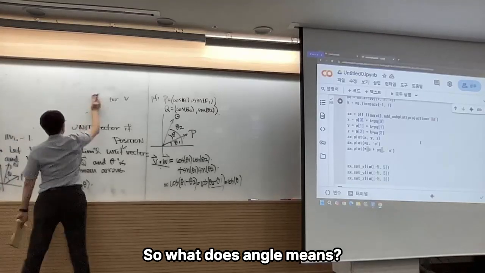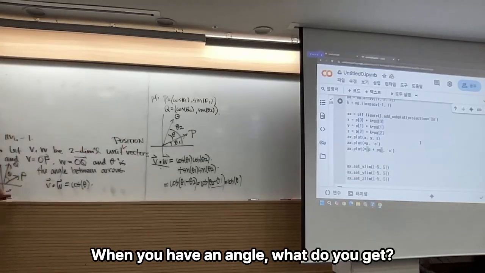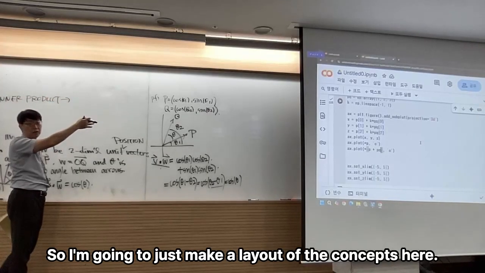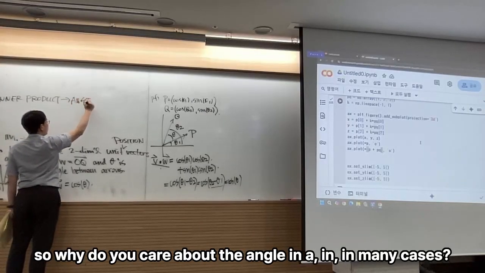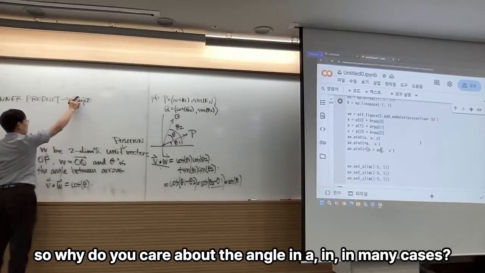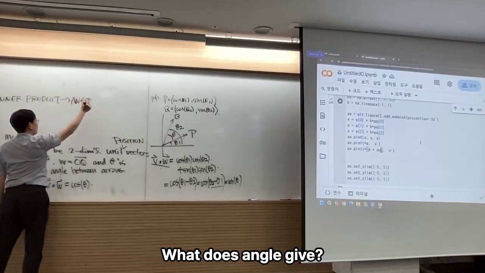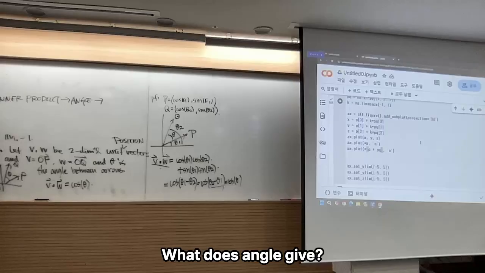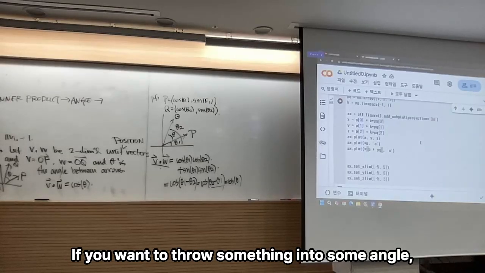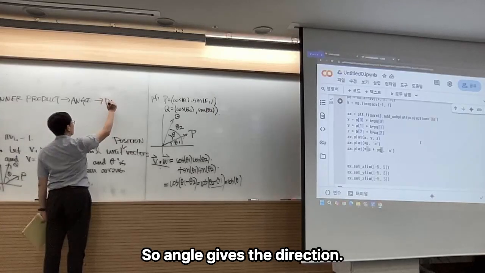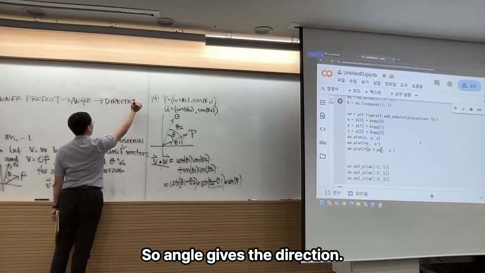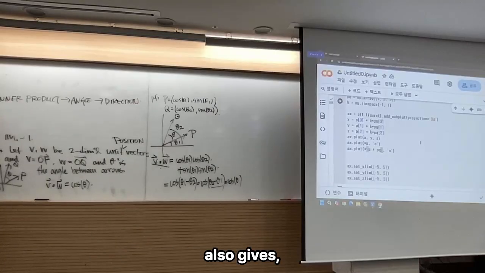So the inner product defines the angle in some sense. So what does an angle mean? When you have an angle, what do you get? I'm going to make a layout of the concepts here. The inner product gives the angle. Why do you care about the angle in many cases? What does the angle give? If you want to throw something at some angle, you want to control the direction, right? So the angle gives the direction. And what else does the inner product give?